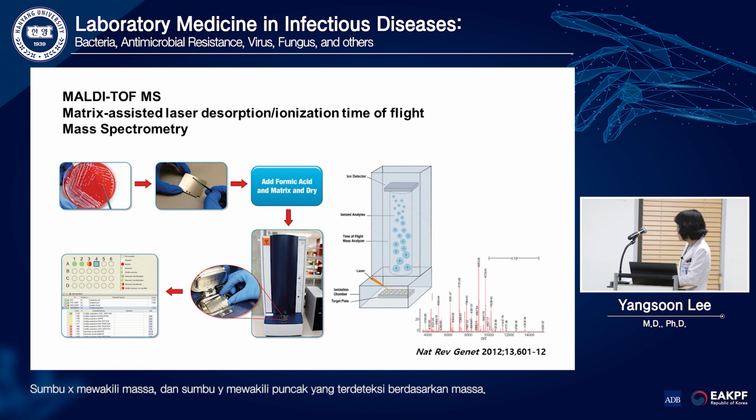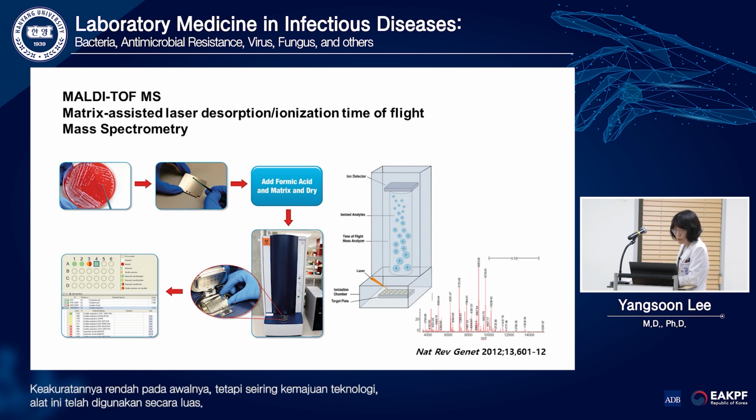The x-axis represents mass and the y-axis represents the peak detected based on the mass. Using a database, it is possible to determine what type of bacteria it is.